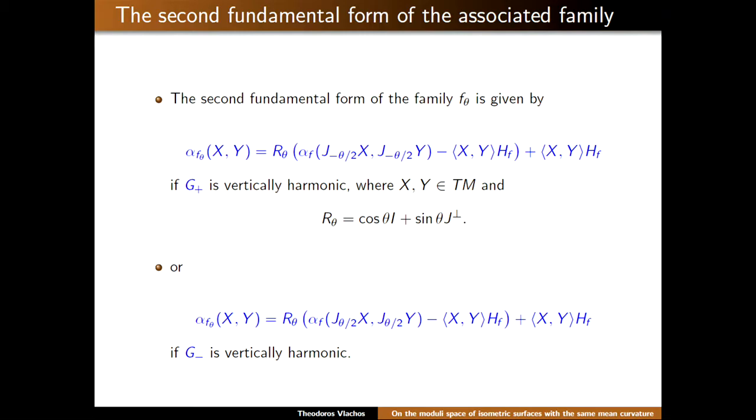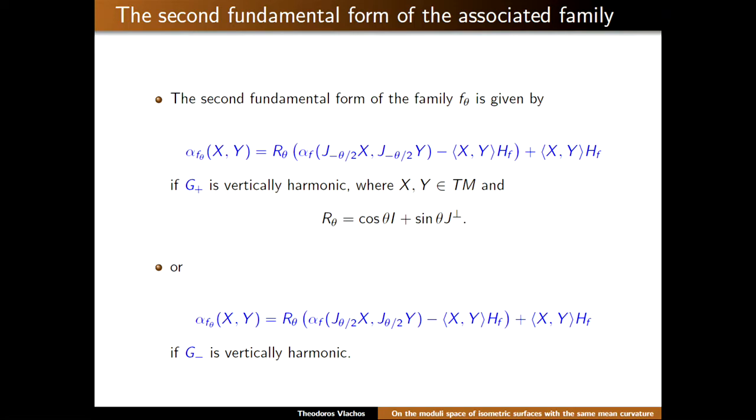I think it is worth mentioning how the second fundamental form of the surfaces in this family is related to the second fundamental form of the original surface. So this is the relation in the case where G plus is vertically harmonic, and this is the case where G minus is vertically harmonic.